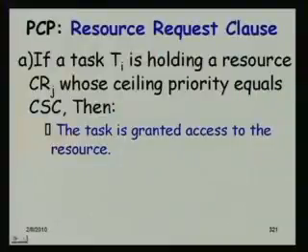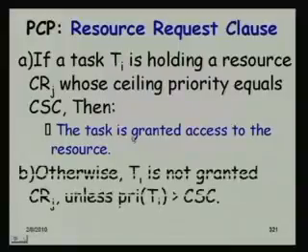So, let us look at the resource request clause more formally. We can say that if a task is holding a resource whose ceiling priority equals the CSC, that is the task which had set the CSC, then the task is granted access to the resource.